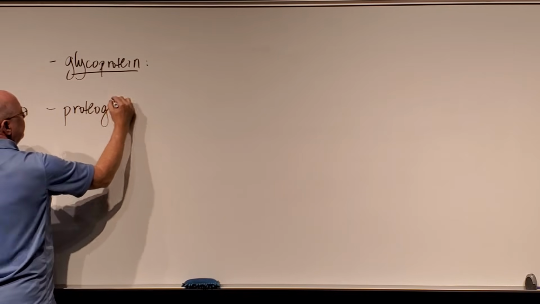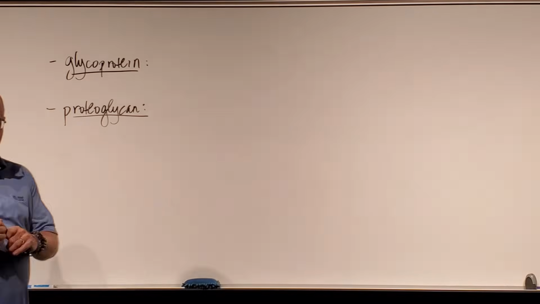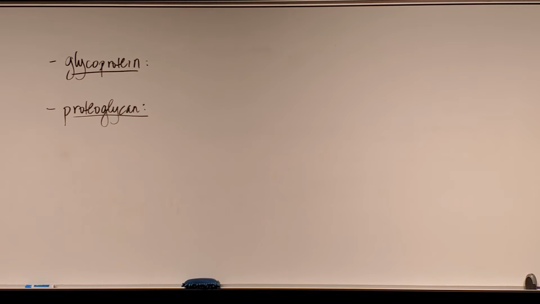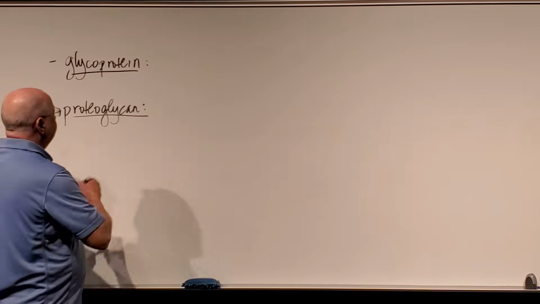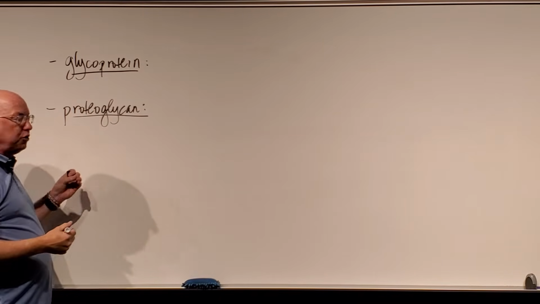Now, if you've had any biology or chemistry before, and I know that at least at Del Mar, you have to have freshman chemistry, when we talk about a glycoprotein and a proteoglycan, there is a difference between the two. If you look at the name, glyco always refers to sugar or carbohydrate.